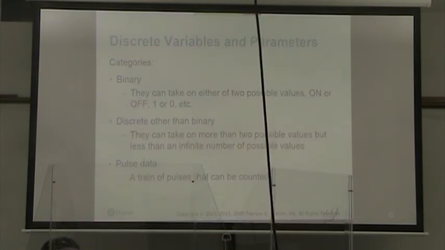Now, our discrete variables and parameters, some of them will be binary. In that case, we've only got two values they can be. They can be on or off, 0 or 1.